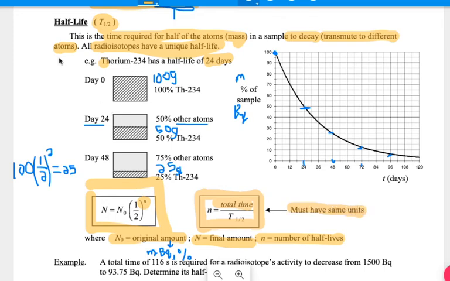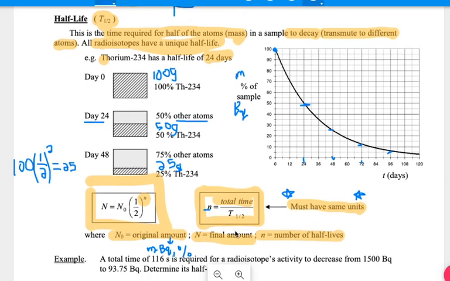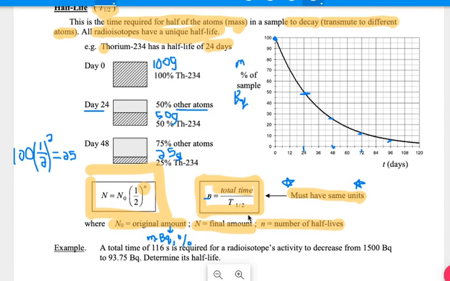This is a nice thing to keep in mind: they need to have the same units. Sometimes it'll be in days, sometimes hours, sometimes seconds. Just make sure that you're working with the same units, because you want the time to cancel out top and bottom, so you're left with this number of half-lives. Just a nice reminder of how important keeping track of units and unit cancellation is in physics.